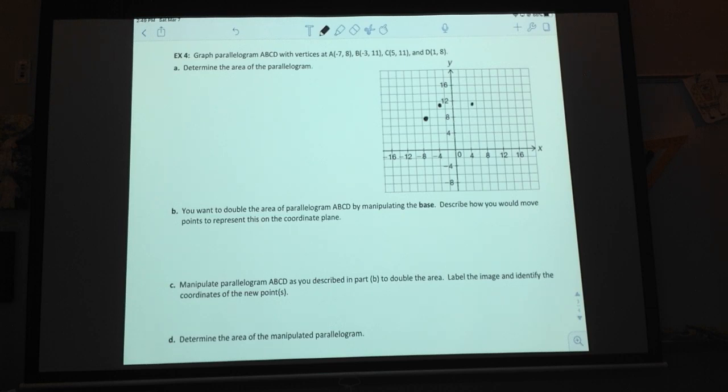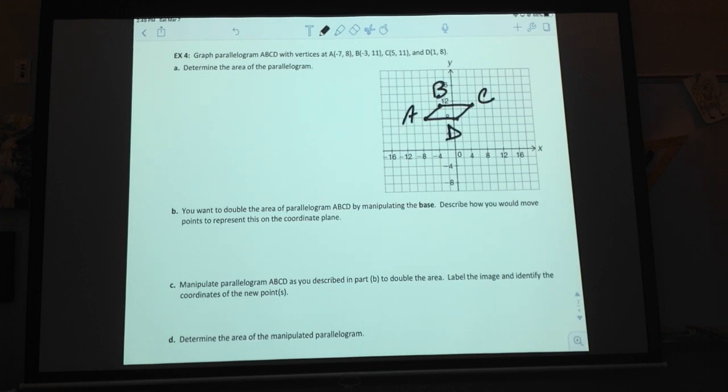And 1, 8, right there. Connect those. And so A was right here, B was right here, C is right there, and D was down there.